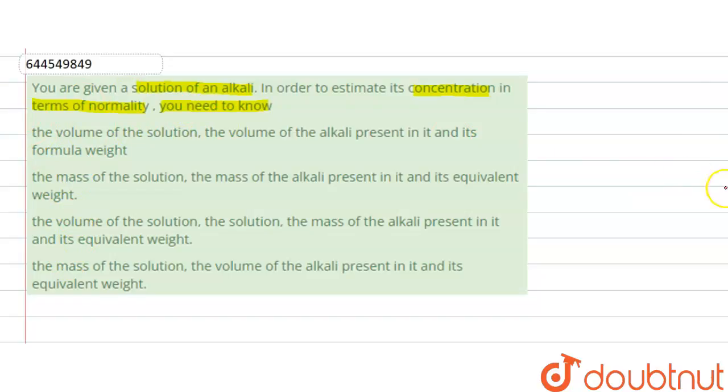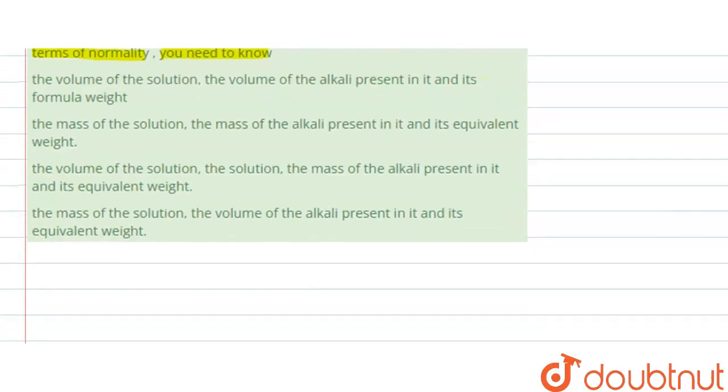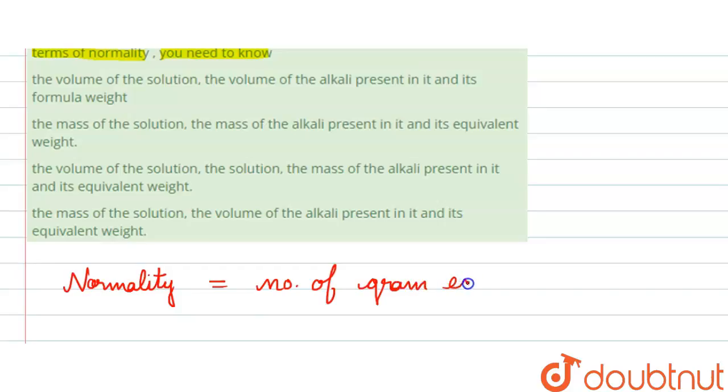So first of all, let us see the formula of the normality. As we know, the formula of the normality can be written as: normality is equal to number of gram equivalents divided by volume of solution.